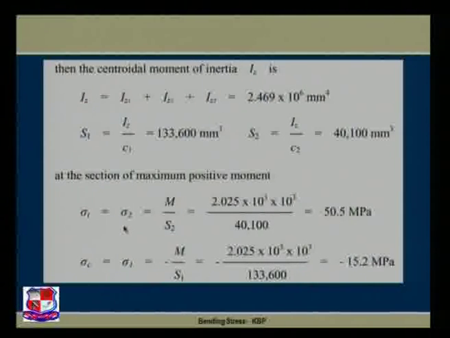We know the maximum positive moment, and we achieve the tensile stress sigma t is equal to M by Z. We obtain the answer as 50.5 megapascal, while the compressive stress is 15.2 megapascal on the negative side.